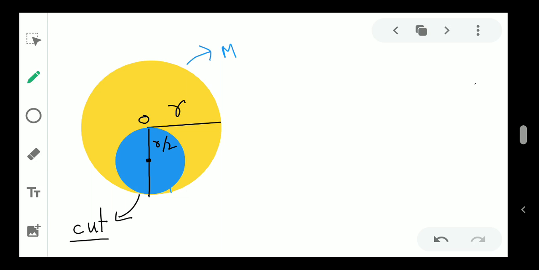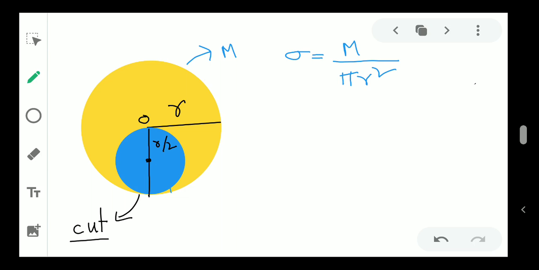Then I can write the mass density, sigma, as the total mass divided by the area, because it is a laminar shape, a 2D shape. So volume is not applicable, only area is applicable. Sigma is the density of this material, that means the mass per unit area.